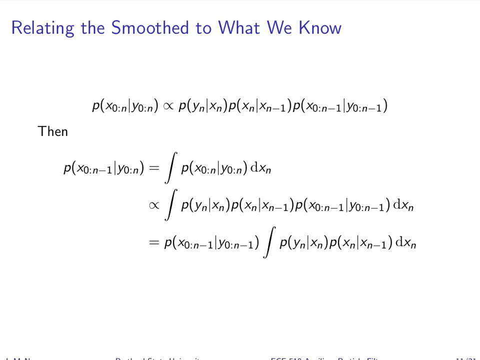If you look carefully, you'll notice this last element of what we substituted in is not a function of the variable of integration. We're integrating over the state at time n, and the state at time n is not included in this function, so we can pull that outside of the integral because it's effectively a constant as far as the integral is concerned. So we can write this as a product of the previous joint posterior times this integral.